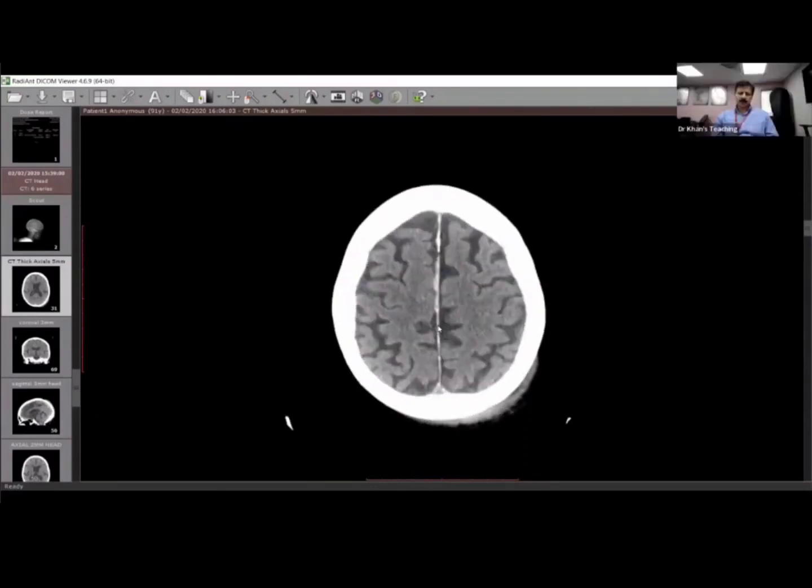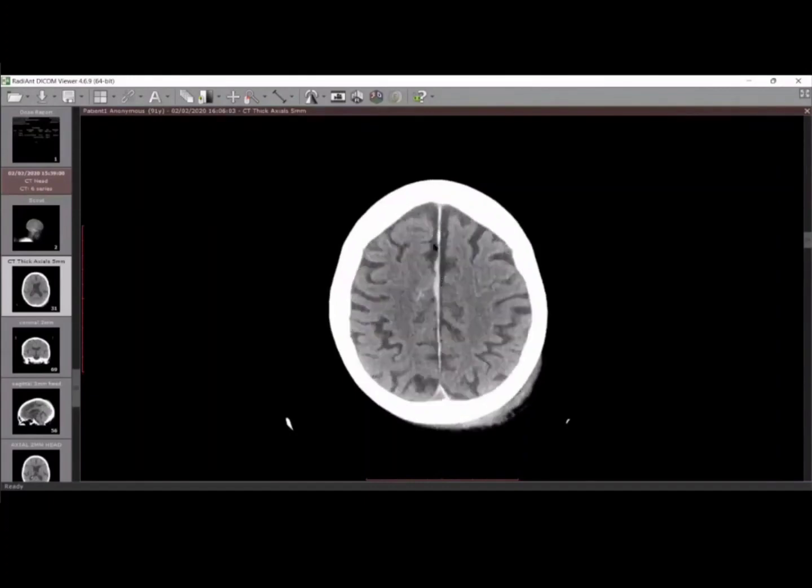As I scroll down, I see that this hyperdensity seems to have a propensity towards the right. So I believe this is right-sided parafalcine subdural hemorrhage. And there is some hyperdensity in the adjacent sulci as well on the right cerebral hemisphere. I'm pointing with my arrow. So there is an element of subarachnoid hemorrhage as well.